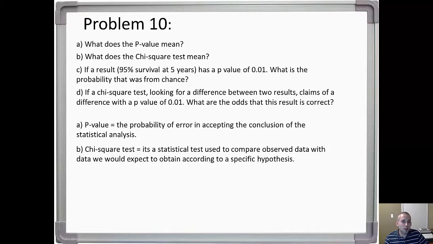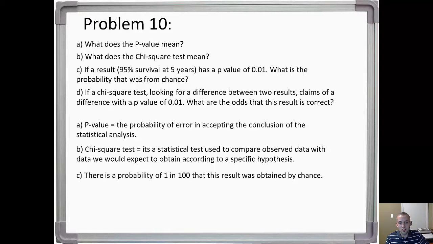Part C: if a result, 95% survival at 5 years, has a p-value of 0.01, what's the probability this was from chance? The answer is there is a probability of 1 in 100 that this result was obtained by chance. That's how p-values work, 1 in 100.